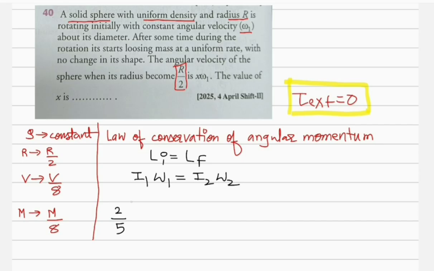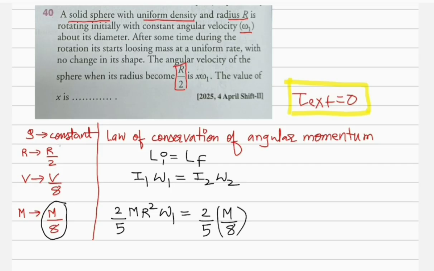Now, what is the moment of inertia I1, the initial one, tell me. 2/5 mr square into omega 1 as it is. Now that is equal to the final moment of inertia I2. So 2/5, yes students. What about the mass? Mass is becoming 1/8 times. Check this, you will have to take m/8. Final mass is m/8. 2/5 into mass into square of radius.